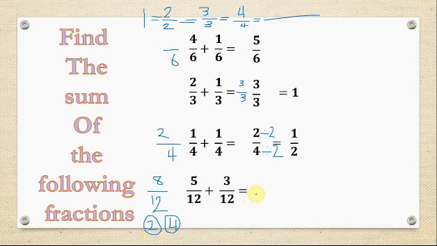So we will divide by 4 up and down. When we divide up by 4, we have to divide down also by 4. Then 8 divided by 4 equals 2 and 12 divided by 4 equals 3. So the last answer is 2 over 3.